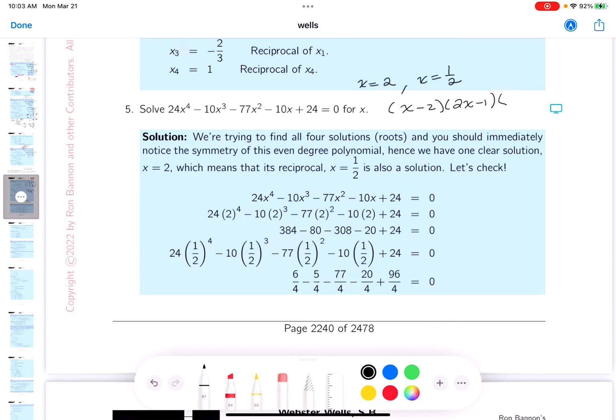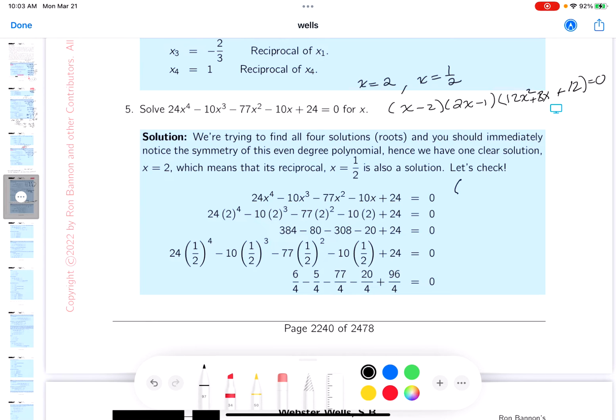And what's that going to be? That's going to be 12x squared, and then you're going to get 12 here. What I don't know is the middle. Again, if you want to do it by long division, you can. I want to figure out the b, though.